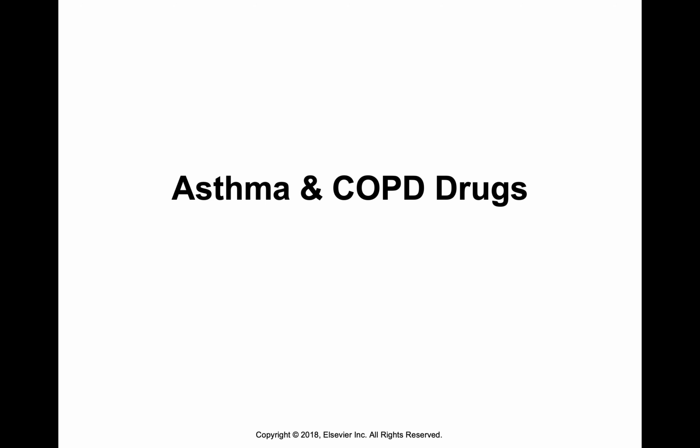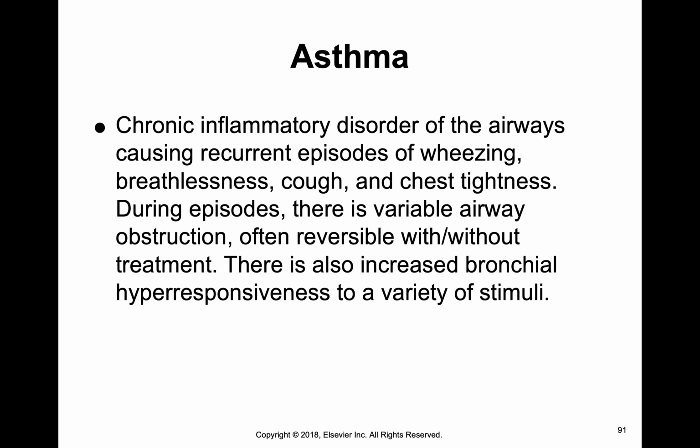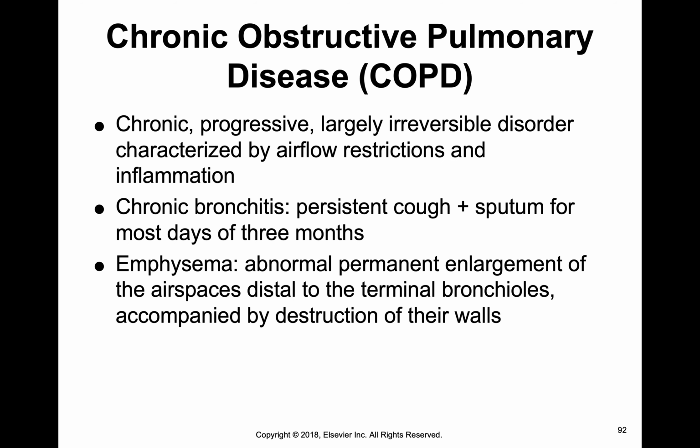Now going over asthma and COPD drugs. As you're probably aware, asthma is a chronic inflammatory disorder of the airways that is often reversible with or without treatment. There is a degree of bronchial hyperresponsiveness in asthma. Contrast that with COPD, which is a chronic, progressive, largely irreversible disorder characterized by airflow restriction and inflammation.